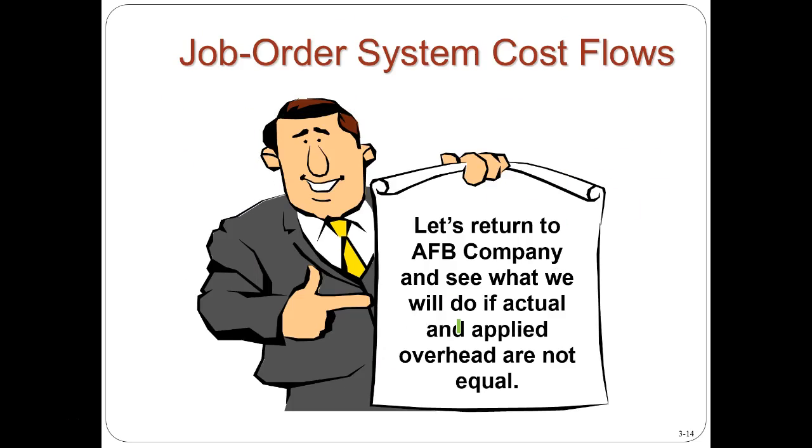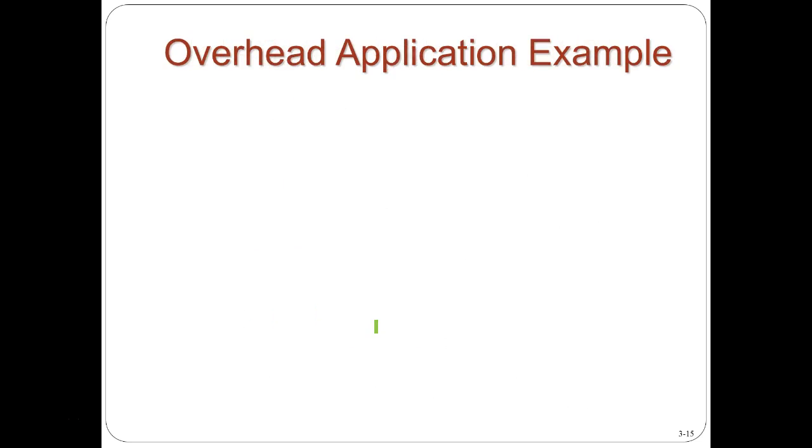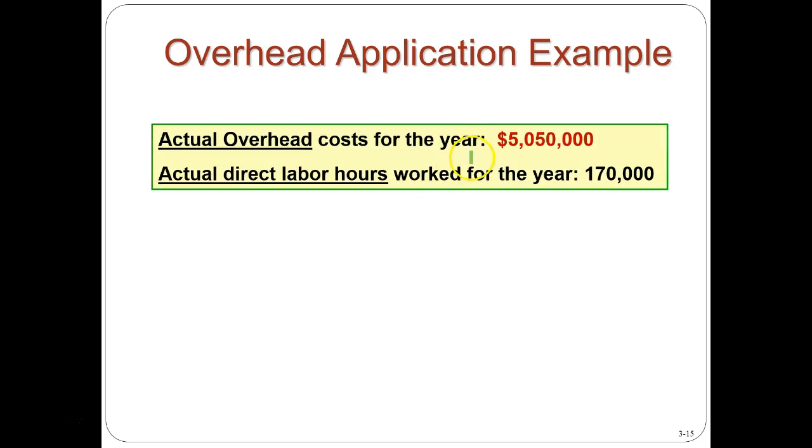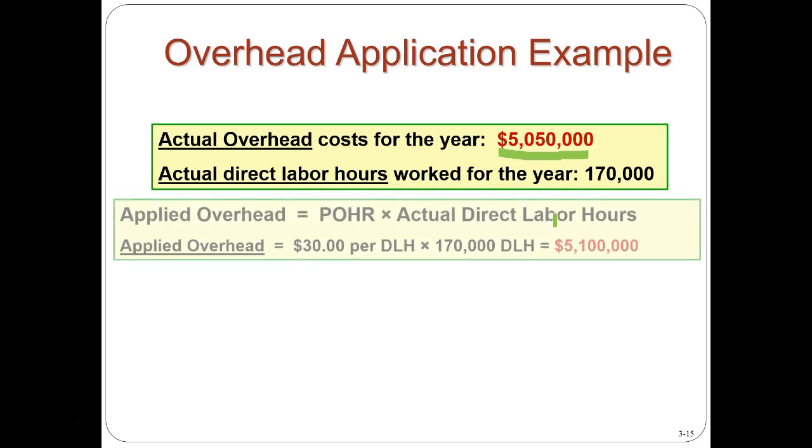Let's return to the AFB company and see what we will do if actual and applied overhead are not equal. So remember, the overhead was just an estimate. We know what the actual overhead costs will be at the end of the period, but we applied them out based on an estimate at the beginning of the period. So actual direct labor worked was 170.